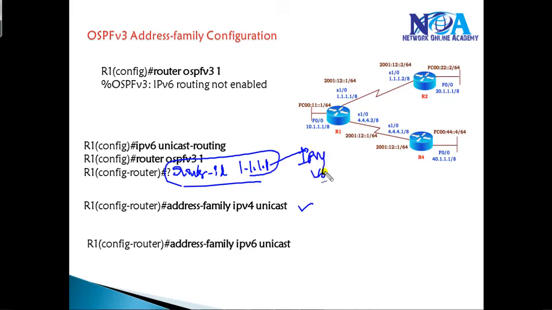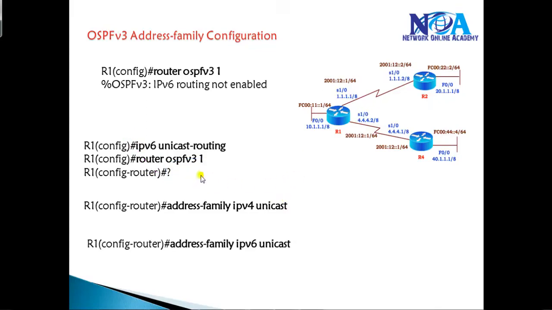Now if you want to apply the same parameters for both, like router ID, or maybe some authentication, whatever configurations you want commonly applied for both IPv4 and IPv6, we can apply them without getting into the address family. Now if you want any specific configurations applied only for IP version 4, we have to get into address-family ipv4 unicast, and then the commands go inside the router mode under the address family.